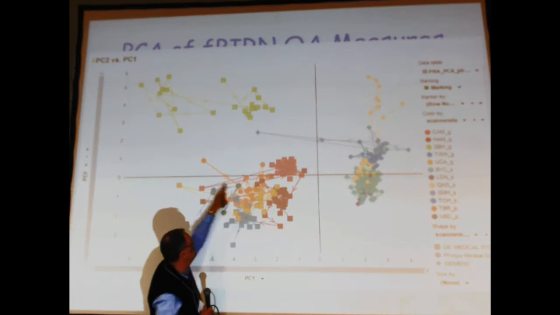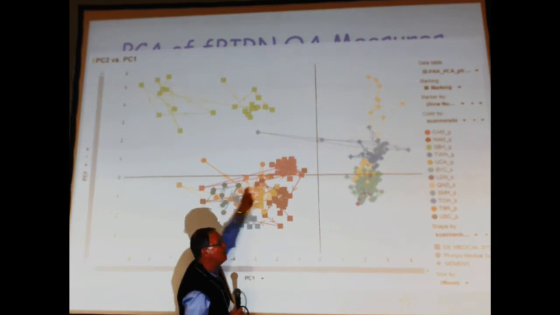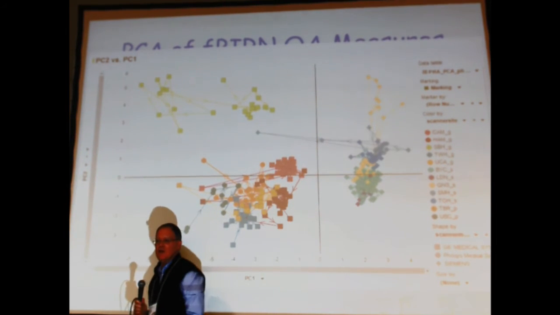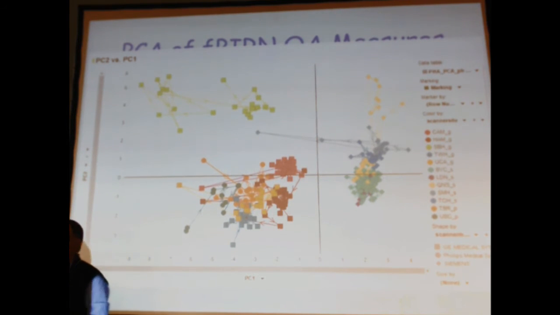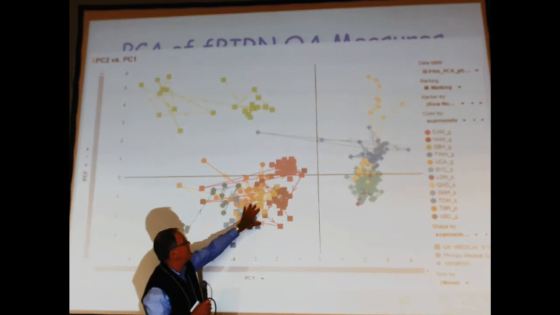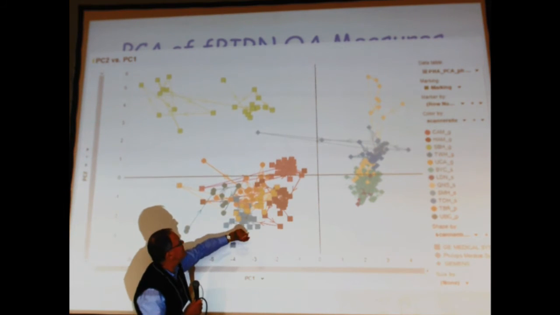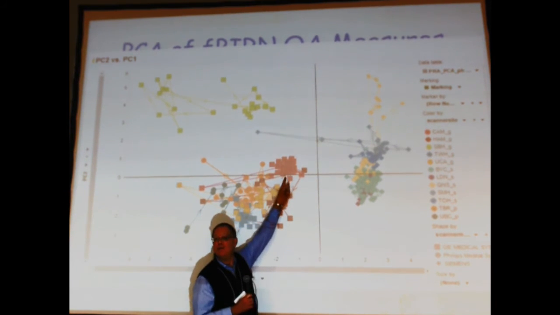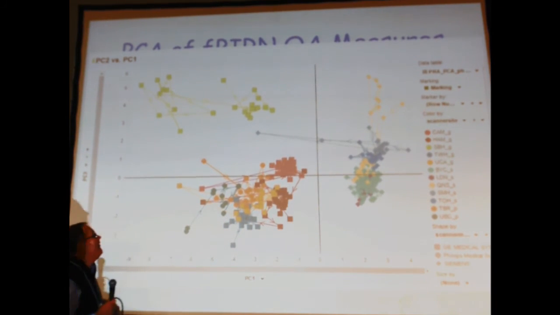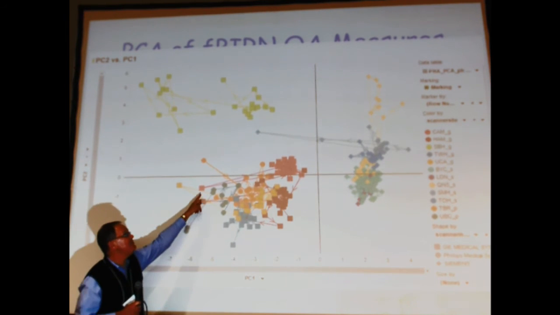Because remember, this variability in this horizontal direction means that their resolution is varying for some reason as a function of time. This is a mixture. This is GEs and a couple of Philips over here. That's the CAMH scanner there, if anyone's interested. It had a little hissy fit at some point.